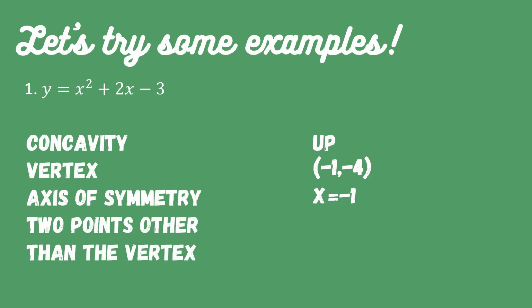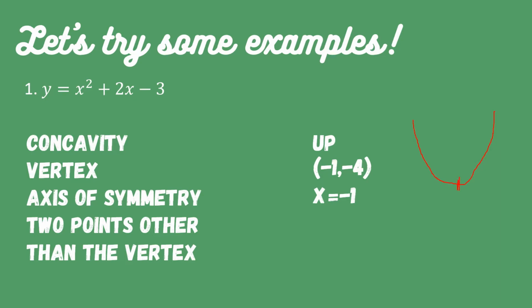For our axis of symmetry, we have x is equal to -1. How did we know the axis of symmetry? So when you draw the graph, our vertex is this one.